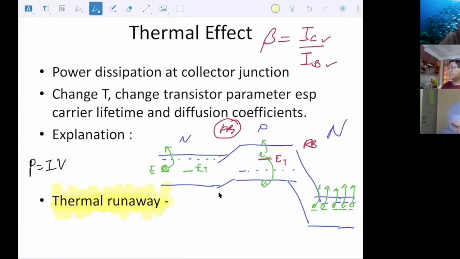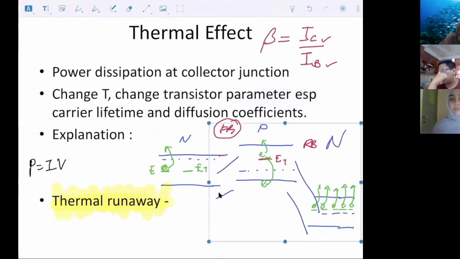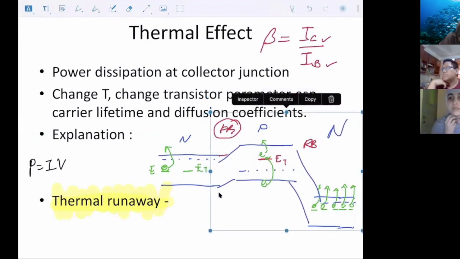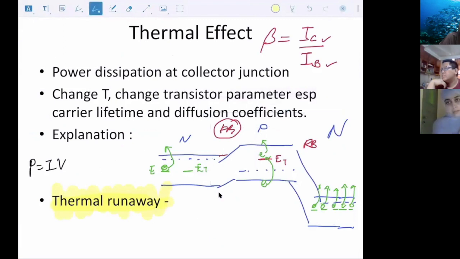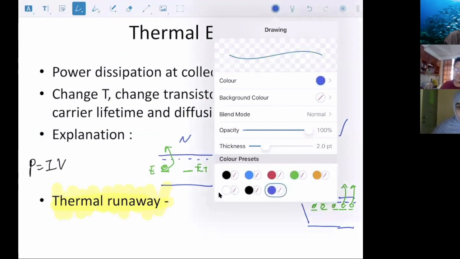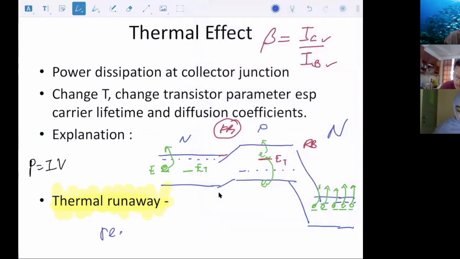Traps in BJT. So, okay, I was talking about defects in BJT. So, you can have re-excitation. The word is re-excitation. Re-excitation of free carriers from the defect.